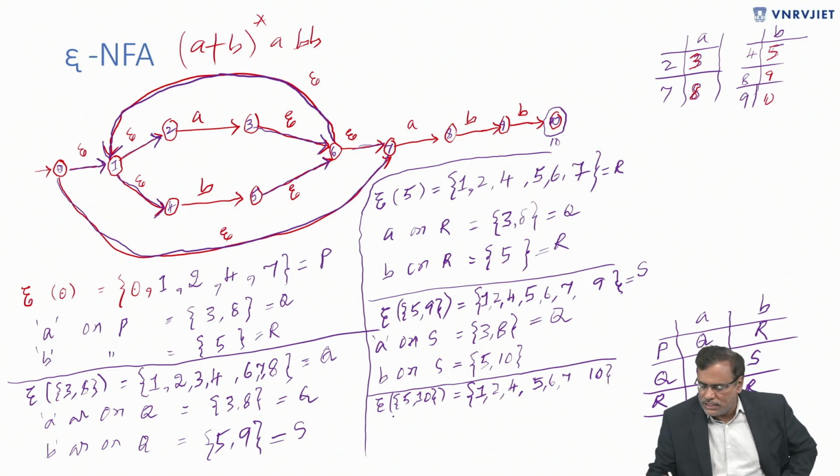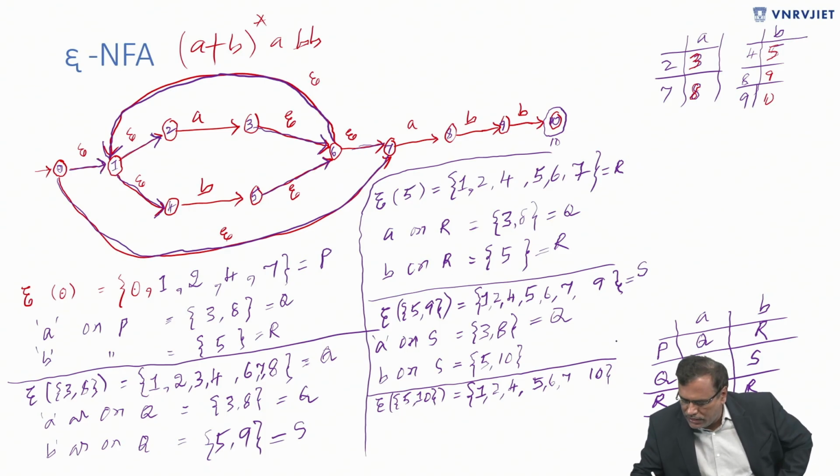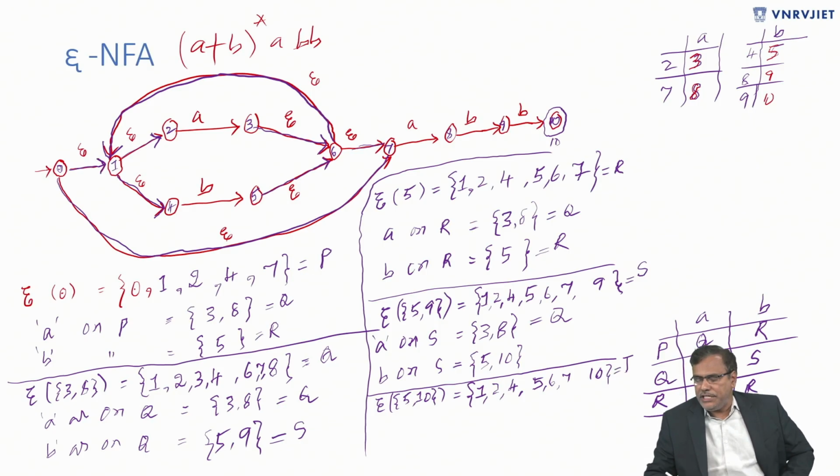No. So this is the epsilon closure of 5, 10. For this you can give a different name. See, for epsilon closure of 0, P was given; for 3, 8, Q; for 5, R; for 9, S. For 5, 10 this is different, therefore you can give some name for this. I am giving the name T.